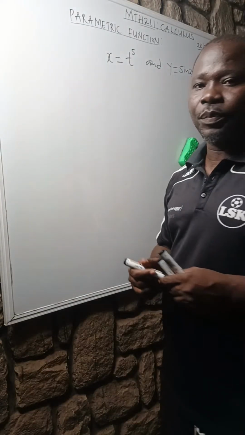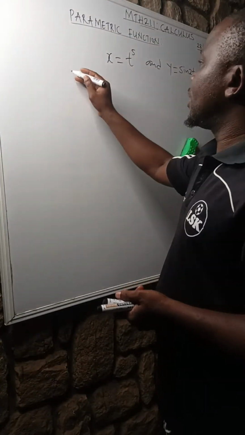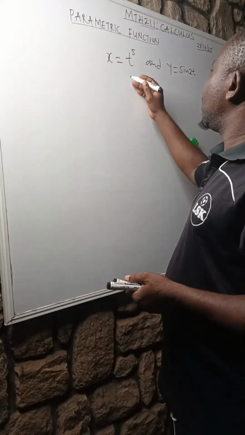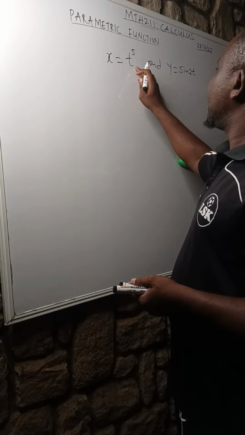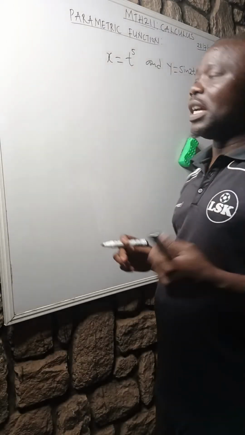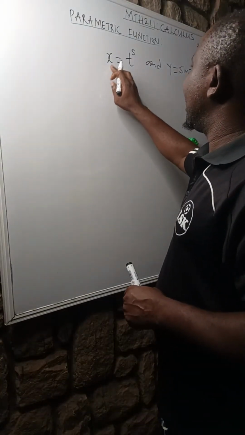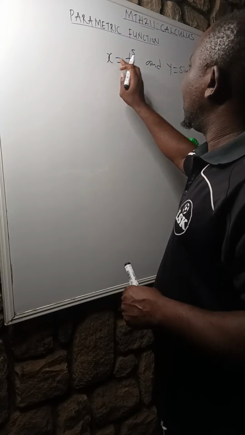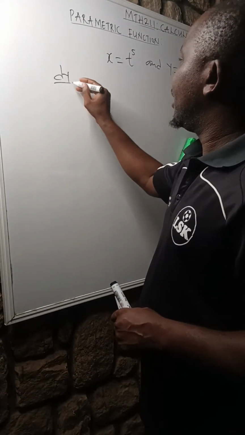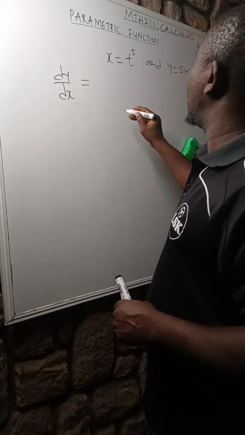The formula is, since we are differentiating with respect to t, and the dependent variables are x and y, the derivative dy/dx equals dy/dt over dx/dt.